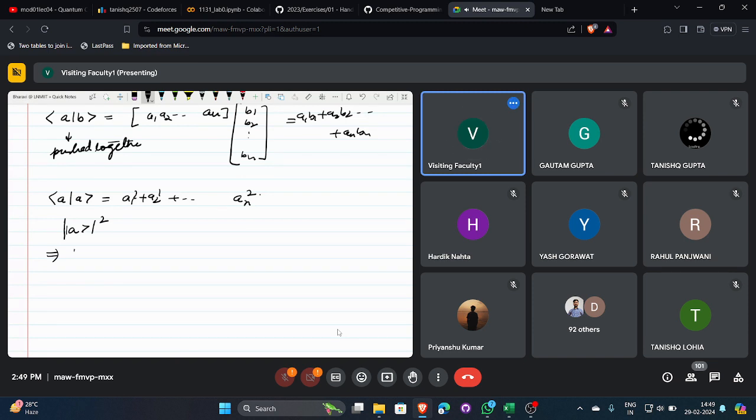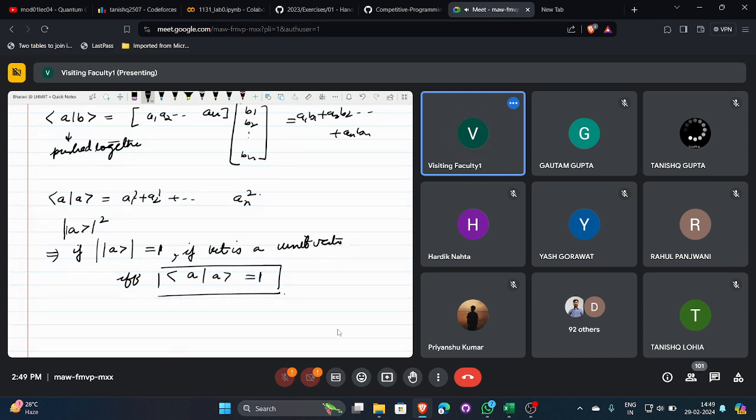And if this is equal to 1, got it? Or simply we say ket a is a unit vector if and only if this is equal to 1, because then the modulus of the length will be 1.